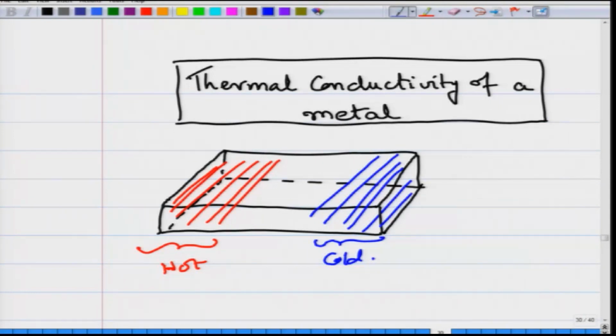This is maintained at some temperature T1 and this is maintained at a temperature T2, where T1 is greater than T2.